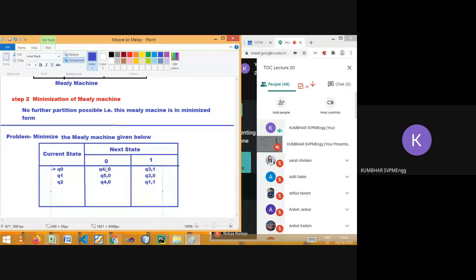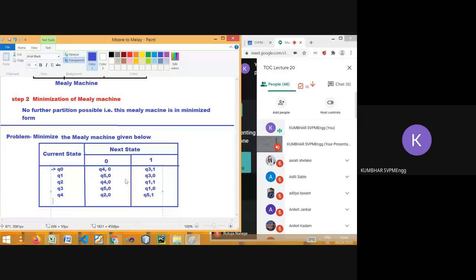Next state is Q3. Q3 on input 0 goes to Q5 with output 0, and on input 1 it goes to Q1 with output 0. Q4 state goes to Q2 with output 0 after reading 0, and after reading 1, it goes to Q5 with output 1.